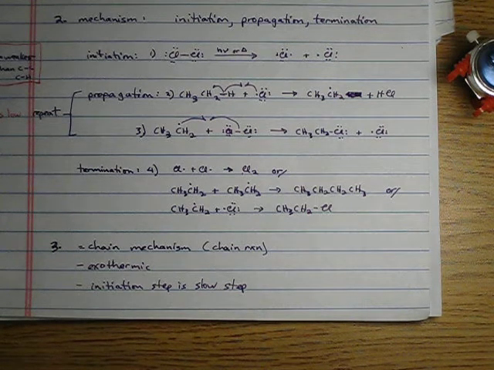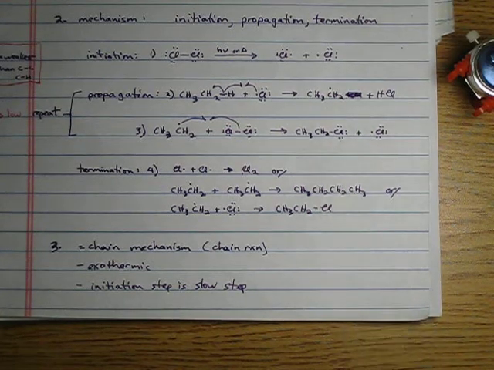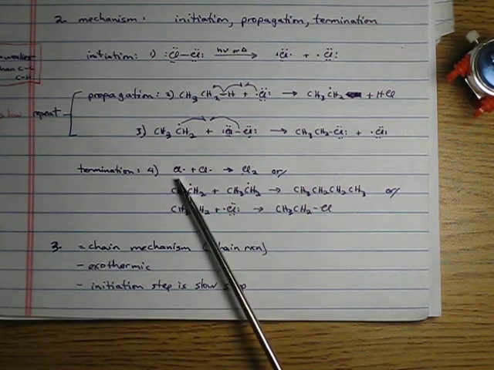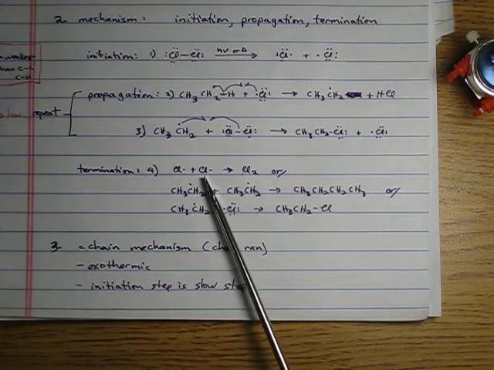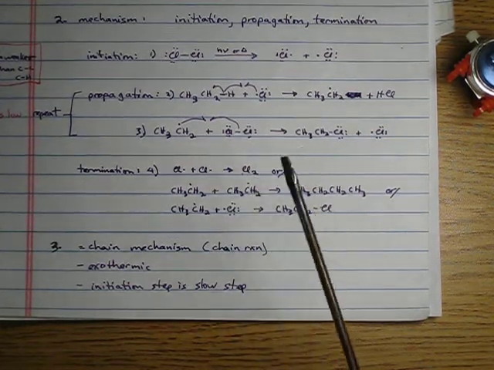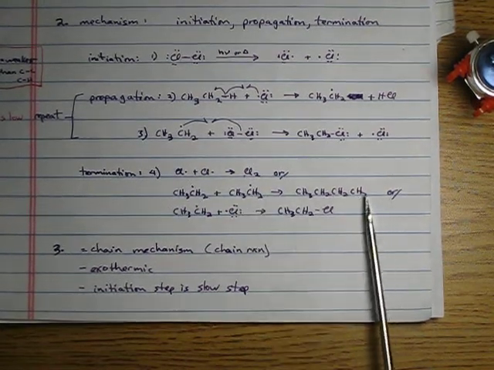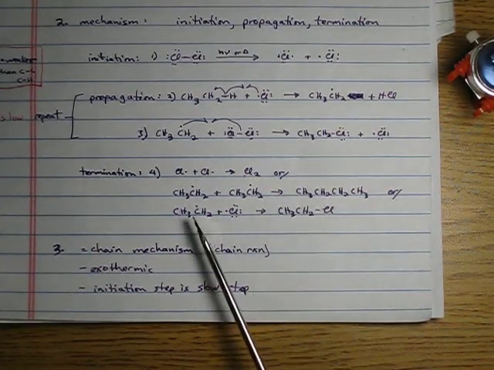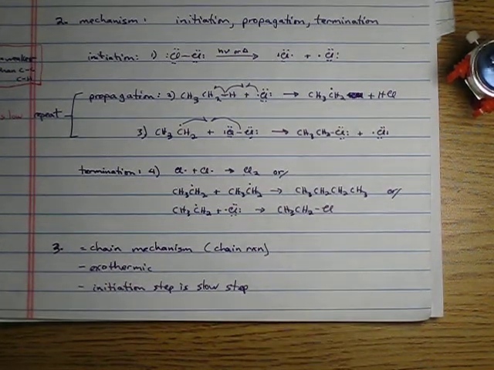And it keeps going and going and going, making HCl and making this chloroethane until you start to get lots of radicals in there, until the concentration of radicals gets high enough, or you just got product and these radicals, that these radicals can find each other and do this termination, or this radical could find this radical and make this butane, or this radical could find the Cl dot and make more product.